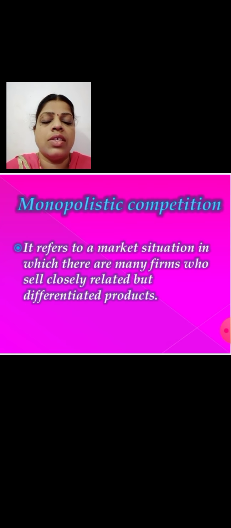And the next one is oligopoly. Oligopoly means it is a market structure in which there are few large sellers of a commodity and a large number of buyers. So what is the unique characteristic of oligopoly, children?